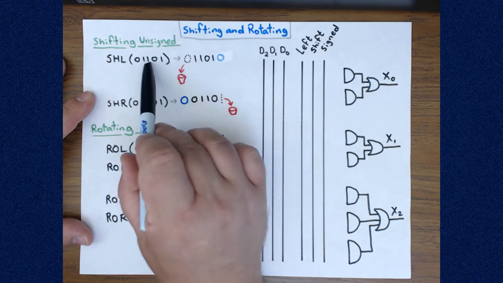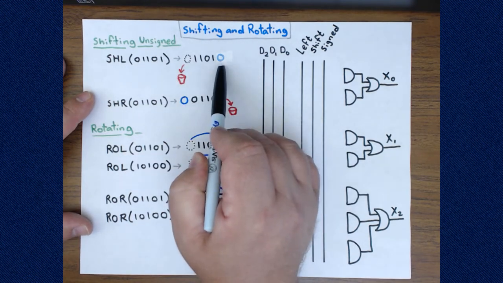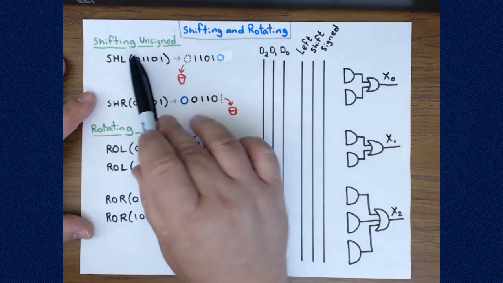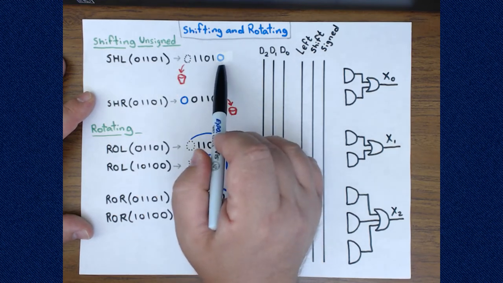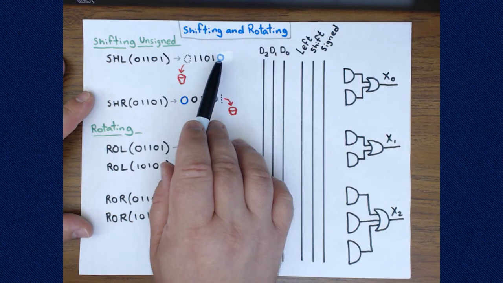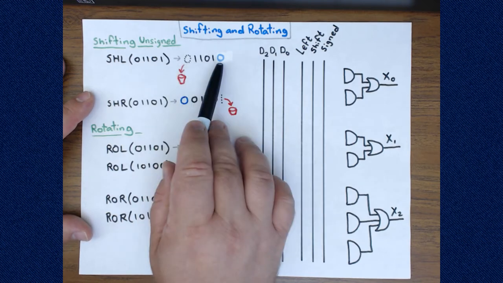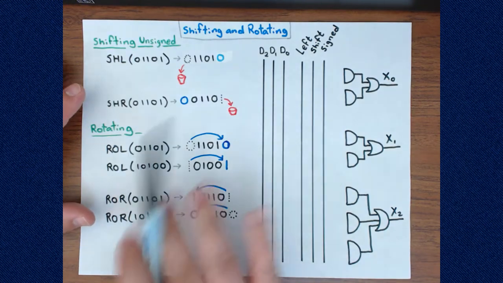Each individual bit just comes over 1 to the left. Now that leaves a vacuum at the end. What we always do when we're shifting to the left is fill the shift vacuums with 0. So a new 0 comes in. It's only a coincidence that there was a 0 in the high order bit before. So this is a vacuum-filling 0 and nothing more.